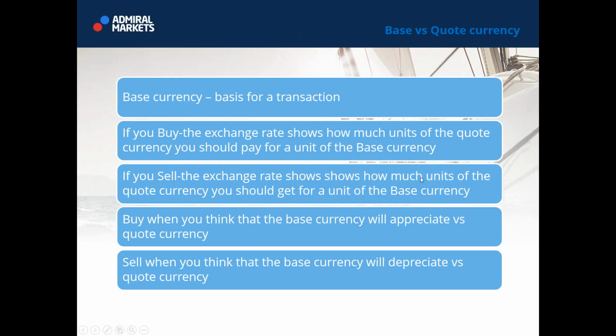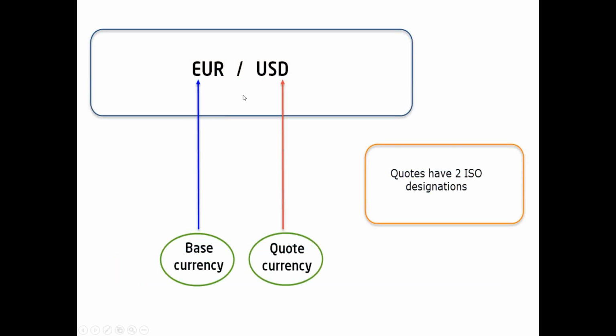If you sell, it's actually vice versa. Buy when you think that the base currency will appreciate, and sell when you think that the base currency will depreciate. So if you watch euro-dollar, euro is base currency, dollar is quote currency.